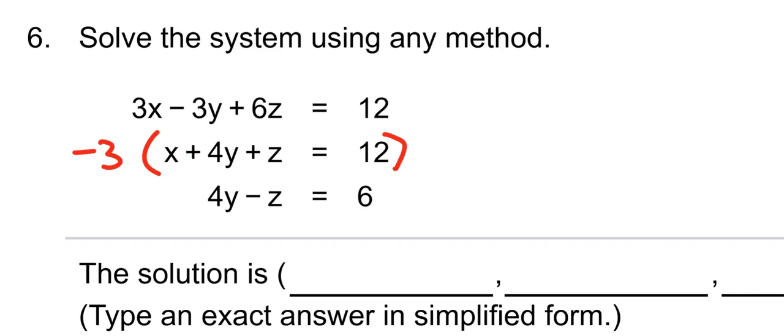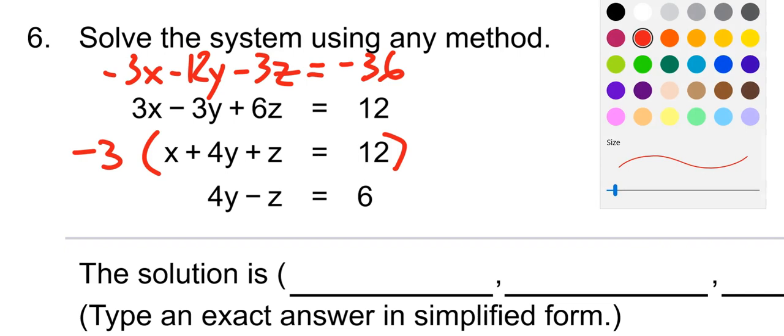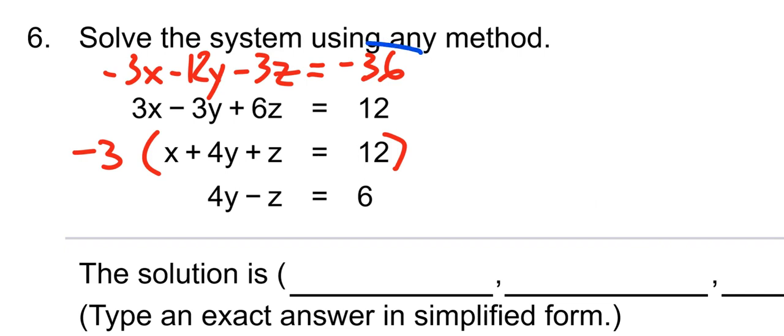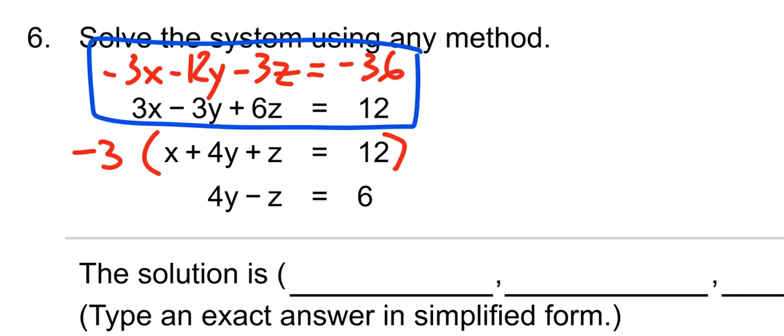So, just because I don't want to run out of room here, let's go -3x minus 12y minus 3z equals -36. Okay, and you should add the equations in the blue box.